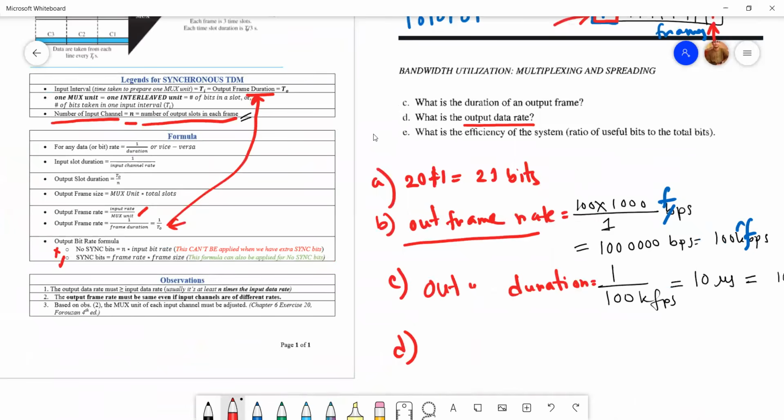We have to go for this formula where we have a synchronization bit, which involves the frame rate and the frame size. Our output data rate or output bit rate, those things are the same, so output data rate is going to be frame rate times frame size.